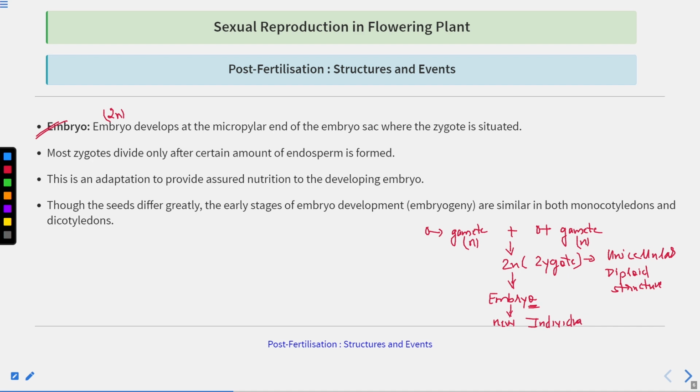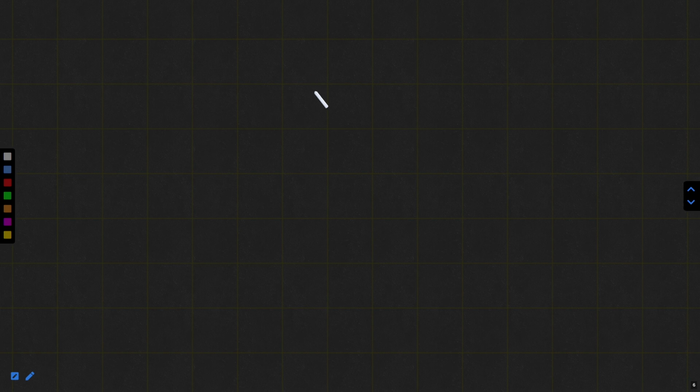Alright. So the embryo develops at the micropylar end of the embryo sac where the zygote is situated. What does this mean? You must have seen the structure of the embryo sac. So what are we drawing? We are drawing the embryo sac of the angiosperms.